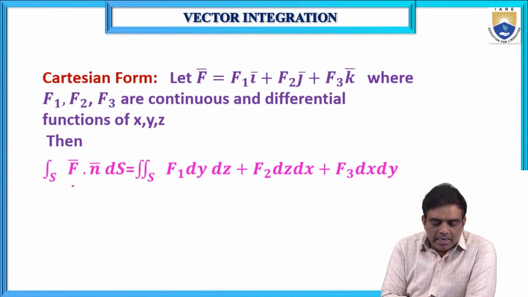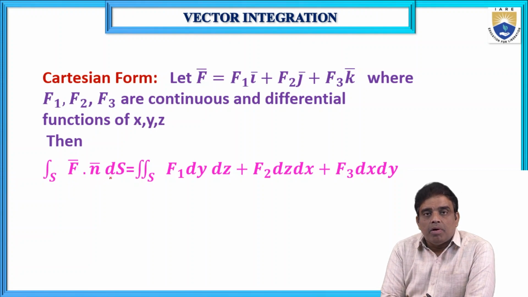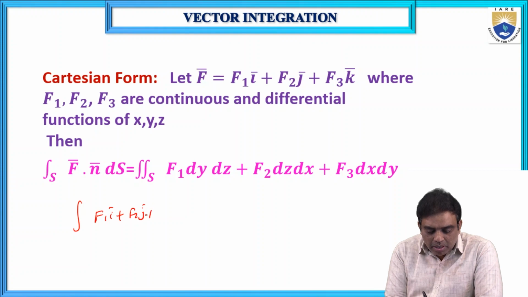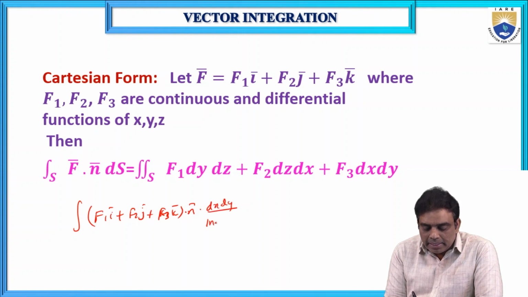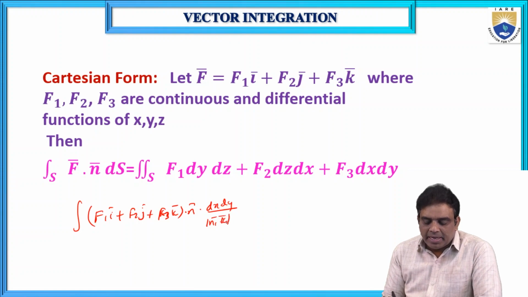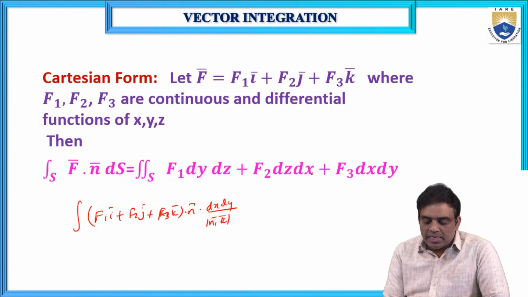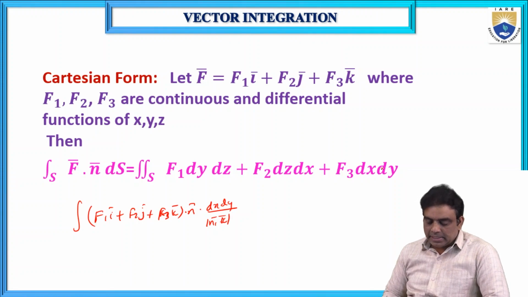Then the integral of f bar dot n bar ds is equal to the dot product of f1 i bar plus f2 j bar plus f3 k bar with n bar into dx dy by magnitude of n cap dot k bar, or we can write it as f1 dy dz plus f2 dz dx plus f3 dx dy.